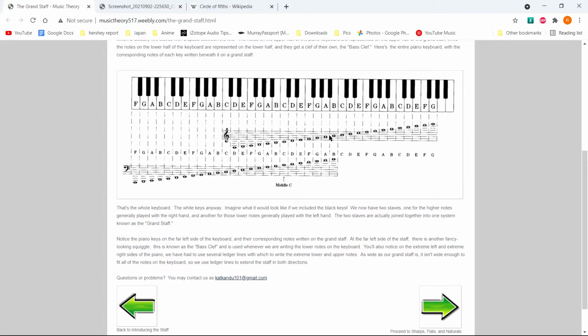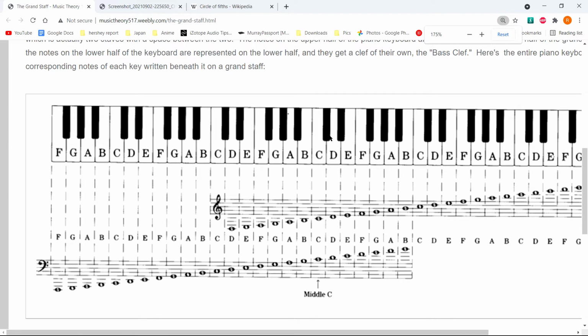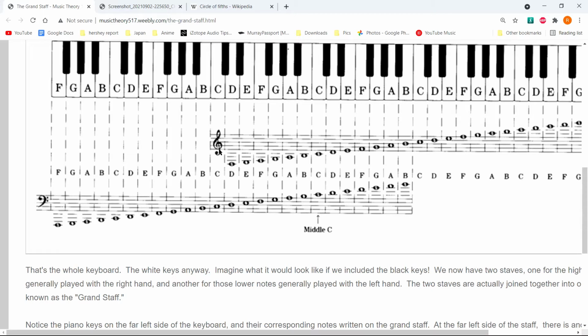So if we zoom in, you'll notice that you see the treble clef and you see the bass clef. When you're reading piano sheet music, the treble clef tells you what you're playing with your right hand, and the bass clef tells you what you are playing with your left hand. And if you see these independently, it means that an instrument is playing in a higher range if they have just one staff that has a treble clef, and a bass instrument is going to have a bass clef because it's a bass instrument.